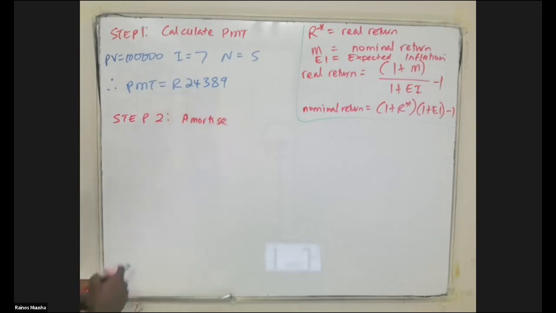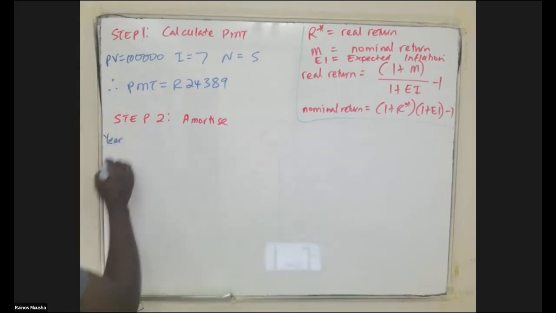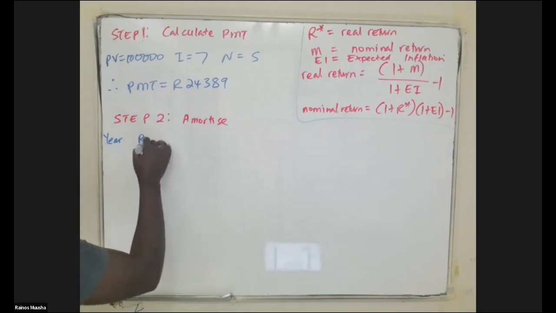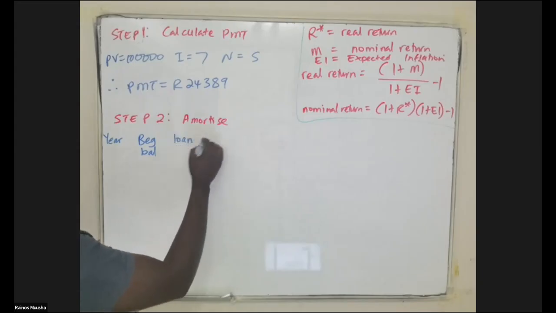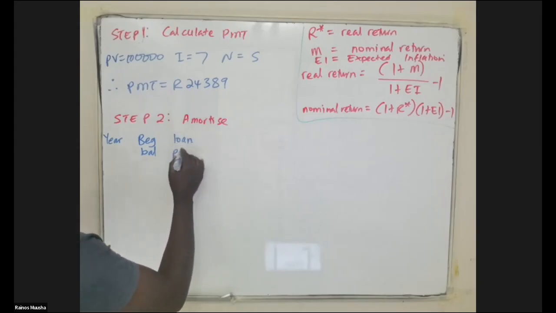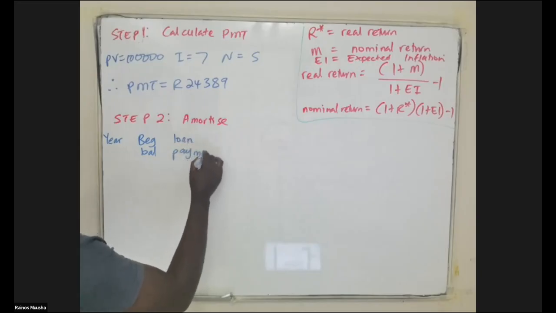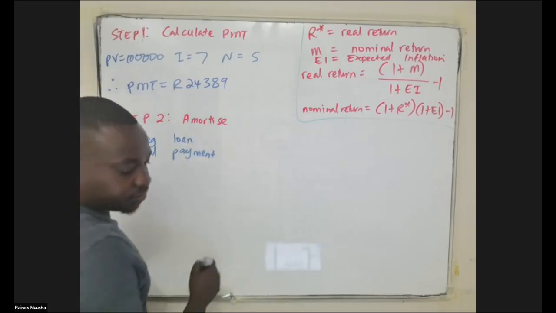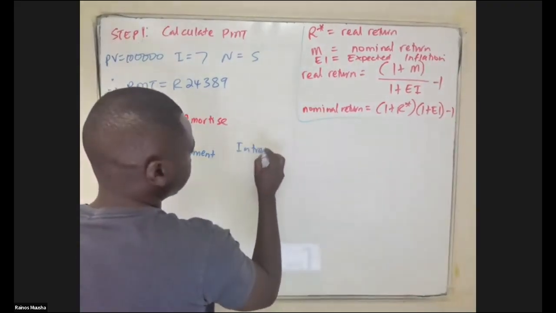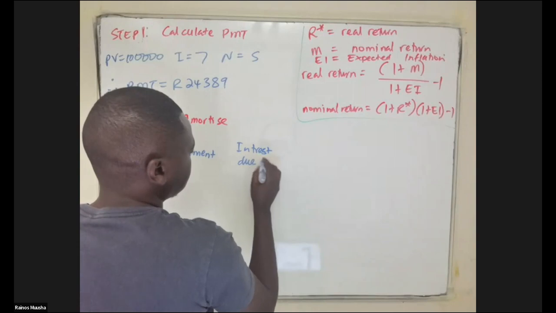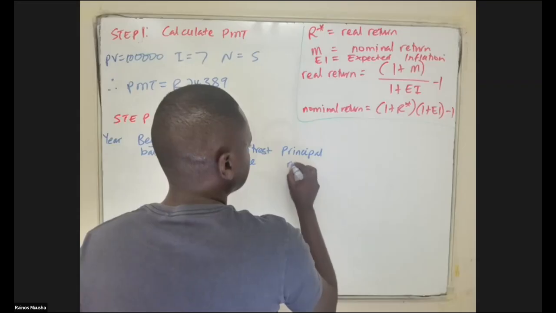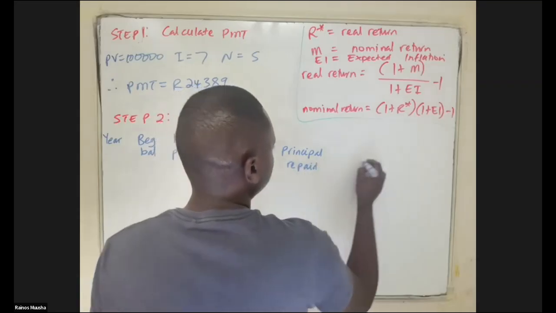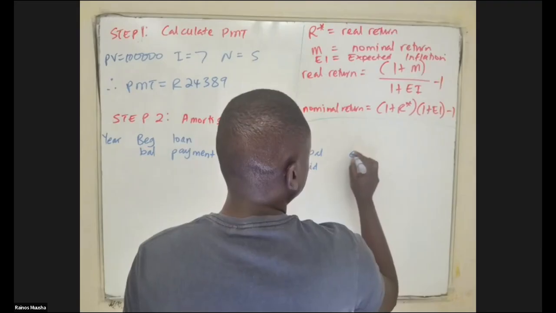When you're amortizing, you need to indicate the year, the beginning balance, the loan payments, the interest due, the principal repaid, and the ending balance.